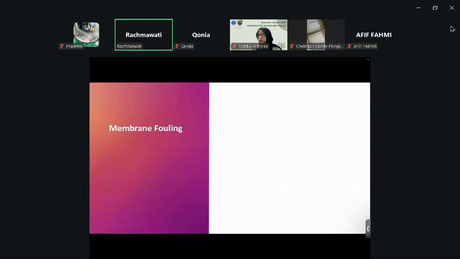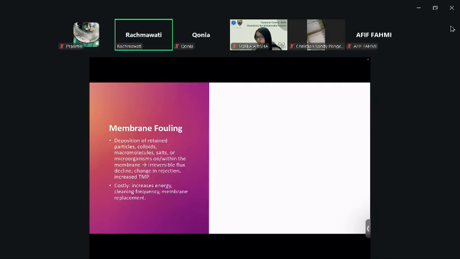So what is the membrane fouling? It's basically a deposition of retained particles or colloids or macromolecules or salt or microorganism on the surface of the membrane or within the membrane, and thus they can cause irreversible flux decline, and they can change the rejection percentage, and they can increase the TMP.